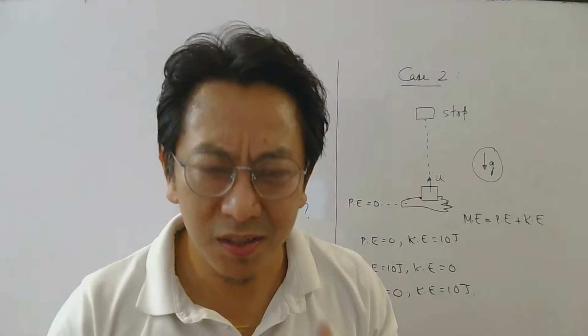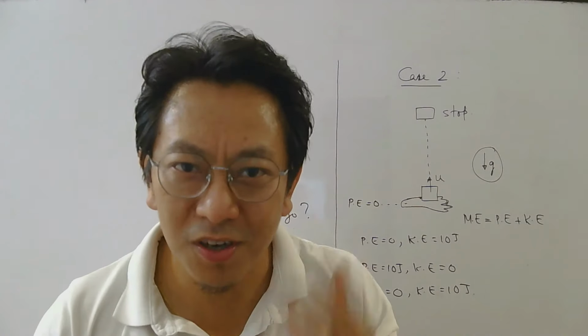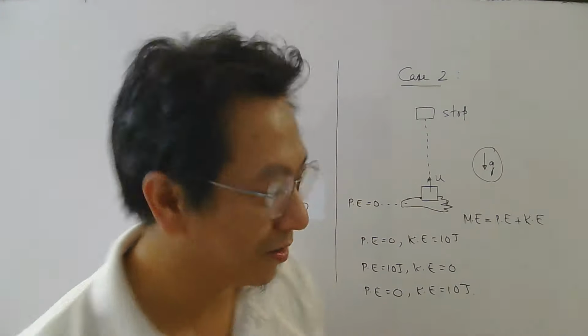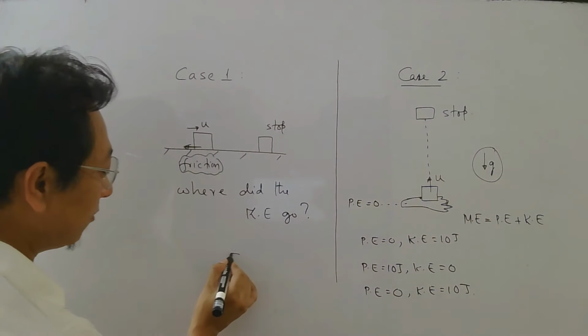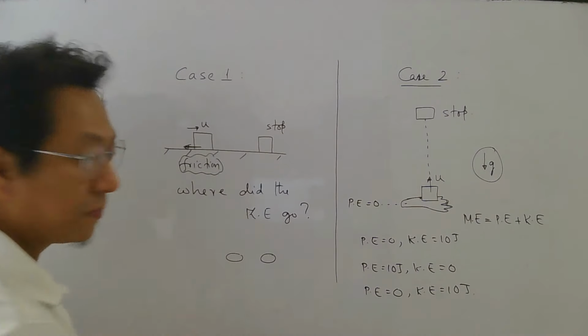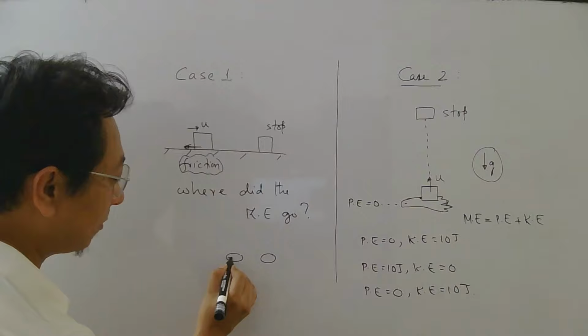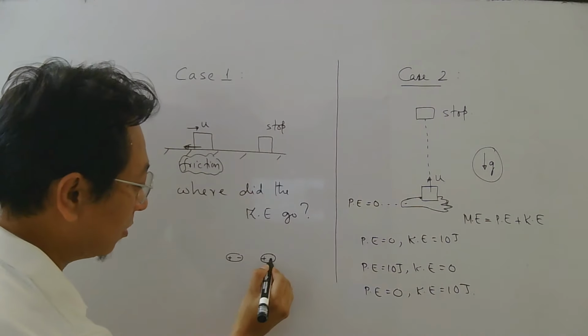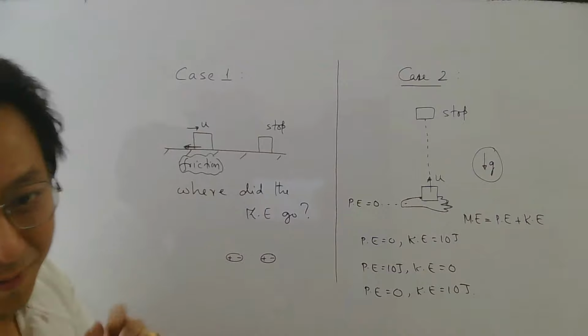Now some of you may think molecules are neutral, isn't it? So how can there be electrical force? Well, even if molecules may be neutral, there is a possibility that the plus charge and the minus charge of the molecules may not coincide.